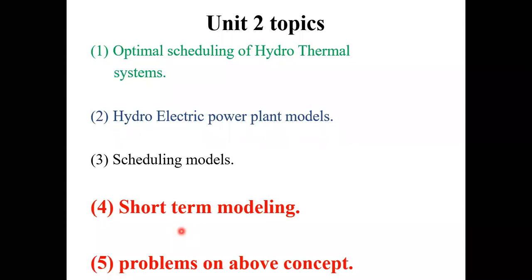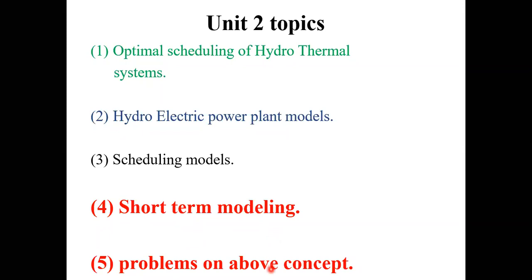Or we can treat it as only one topic in this unit. Literally, I can say only one topic is there, that is short-term modeling. Basically, we have 2 types of modeling: long-term modeling and short-term modeling. But in our actual syllabus, according to our university curriculum, we have only short-term modeling.